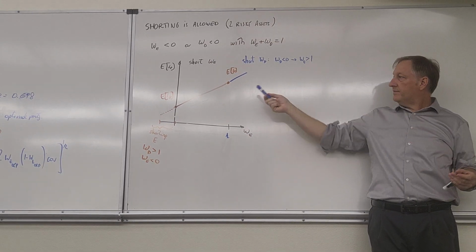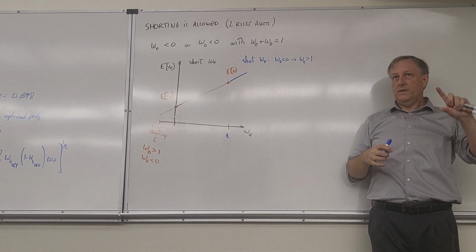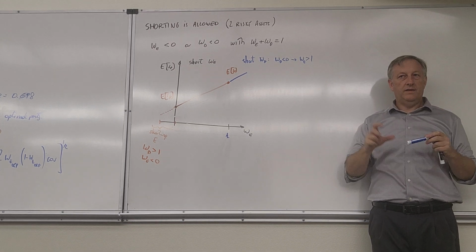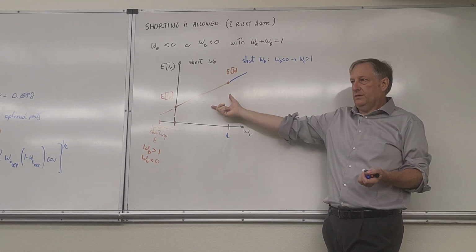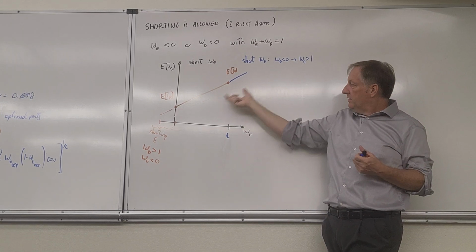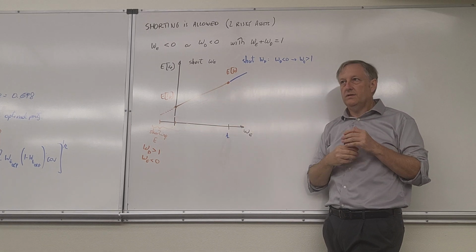Okay, so shorting, just like we did for the T-bills and the risky asset, you can short here too, and just like in the other setting, you're extending this graph one direction or the other, depending which one you short. Okay?